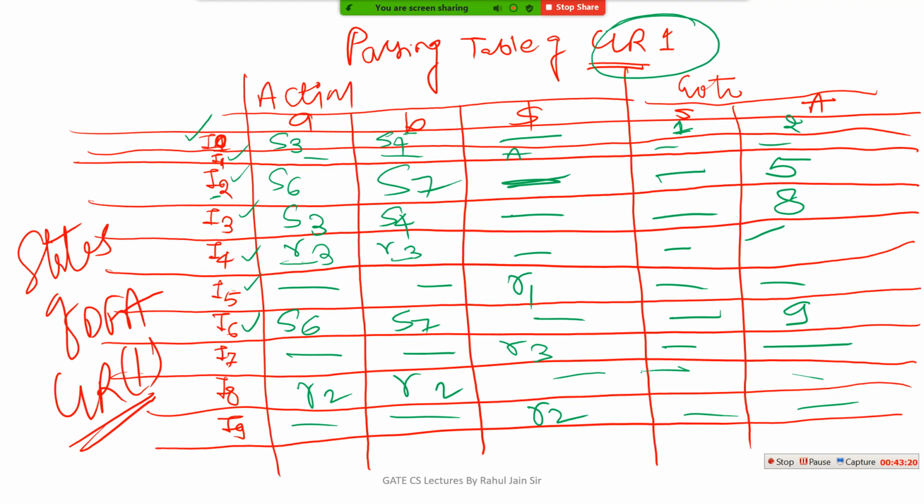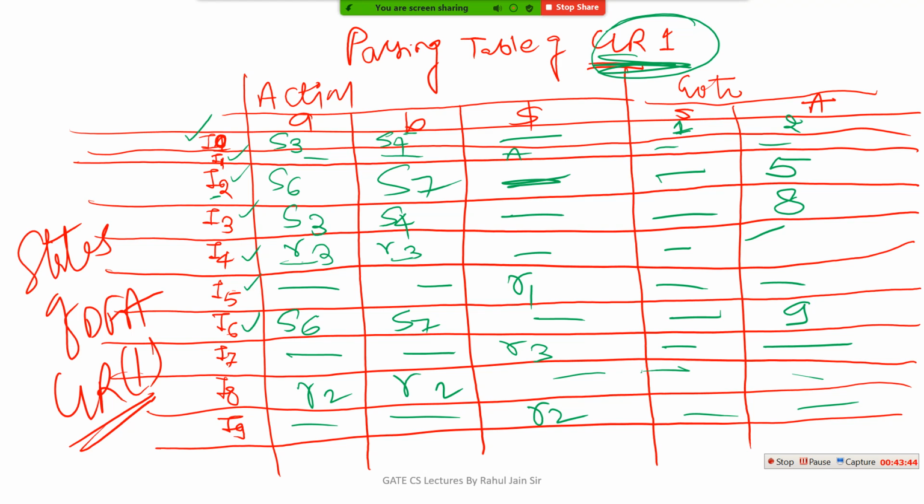Guys, is it clear to every candidate how to construct the parsing table of CLR1 grammar? Please comment. I have discussed it in complete detail, with each and every point. Clear.